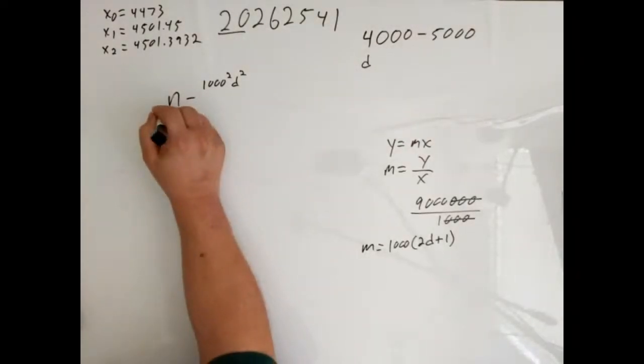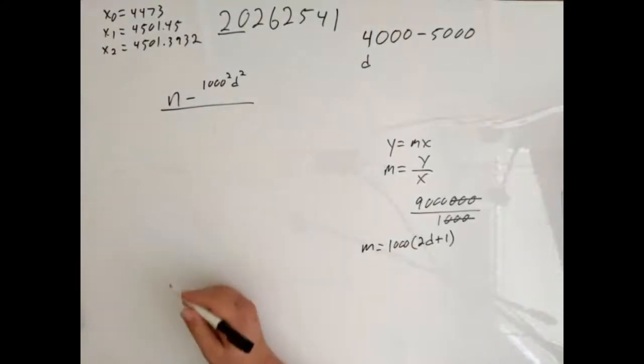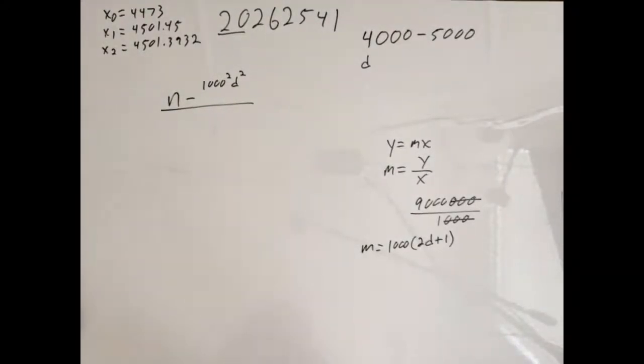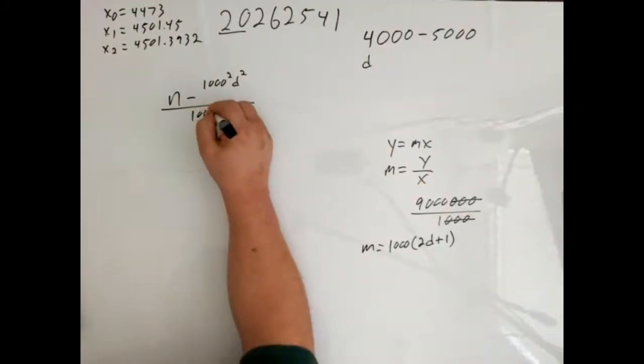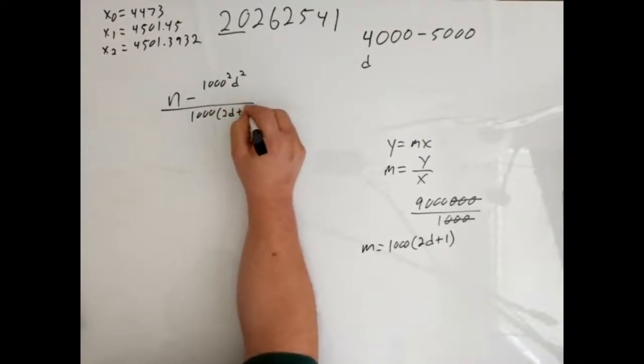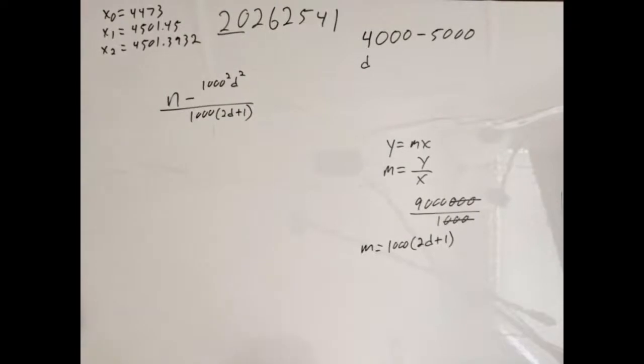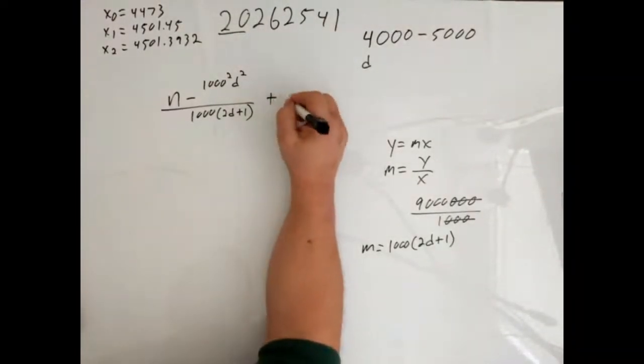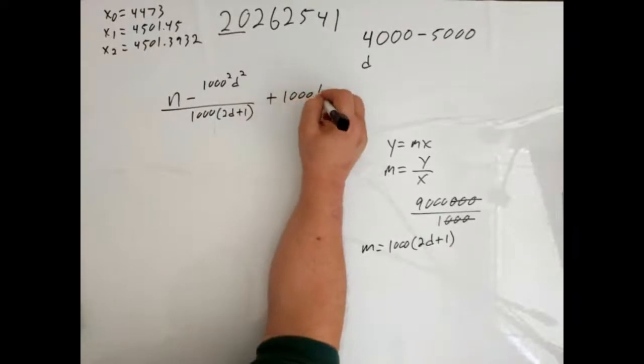And then divide that by the slope, which is 1,000 times 2d plus 1. And then we're going to add back in this 4,000, which is 1,000d.